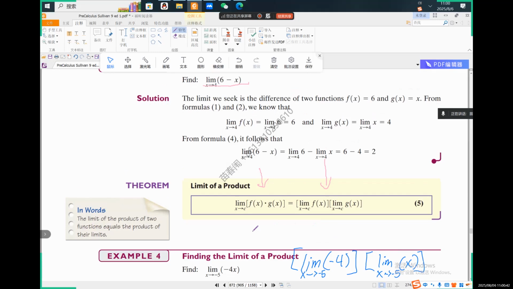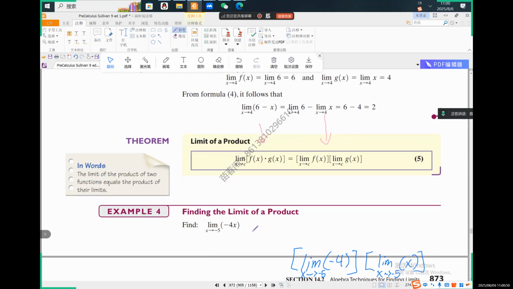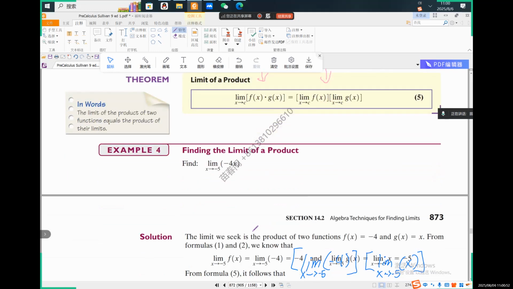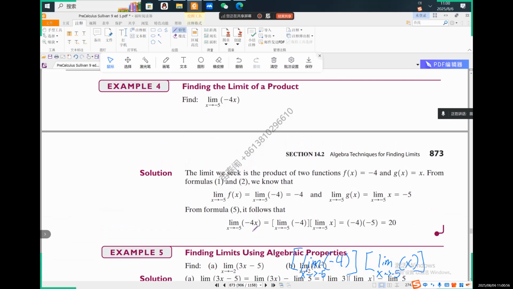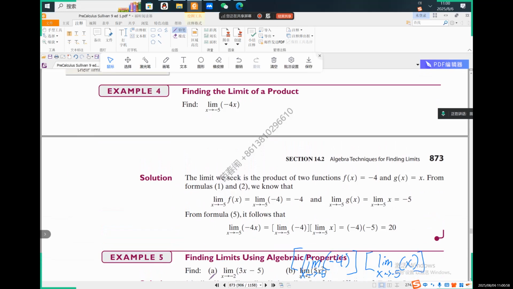So just basically -4 times -5, which is 20. Yeah, they combined the sum, the product, and the difference.